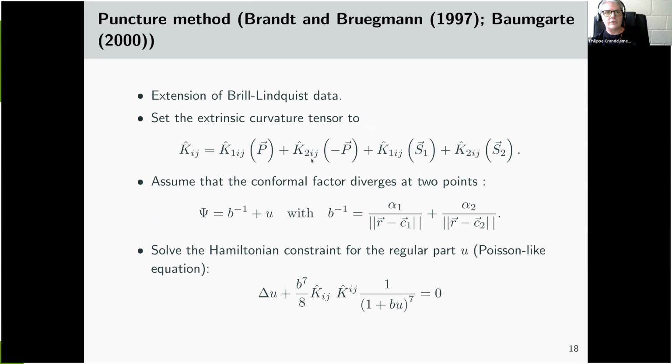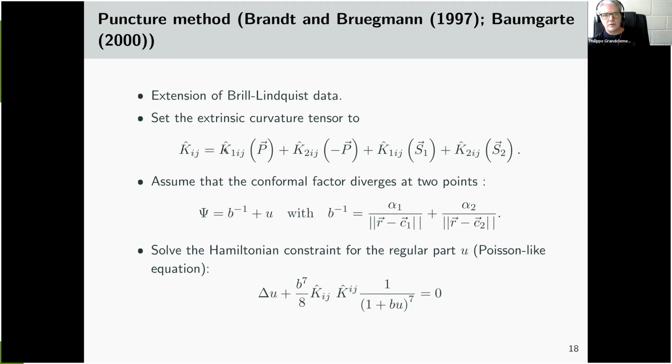So the generalization of the Brill-Lindquist data to the non-static case is called the puncture method. As I said, it's due to those people at the end of the previous century. And the idea is to set an analytic expression for the extrinsic curvature tensor of that form here.